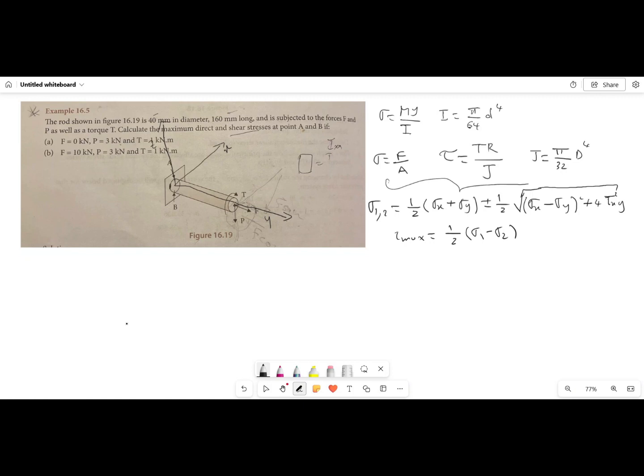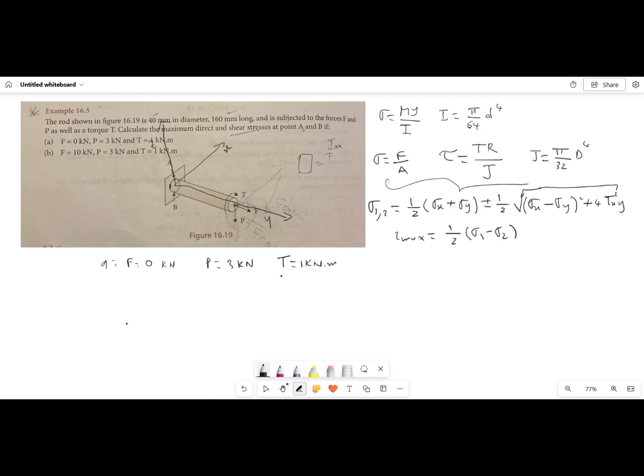Now guys, let's look at case A. On case A they said calculate the maximum direct and shear stress at point A and B. In case A we said F equals 0 kilonewton, P equals 3 kilonewton, and T equals 1 kilonewton meter.